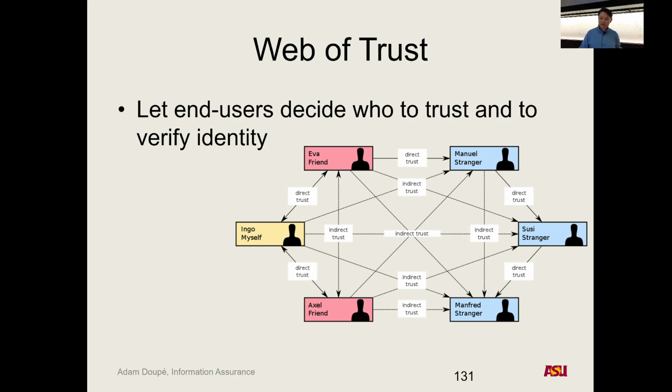Now the decentralized approach, the web of trust. What is the web of trust? This decentralized approach establishes and propagates trust between individual users, and as you can see, they can choose a direct trust or indirect trust.